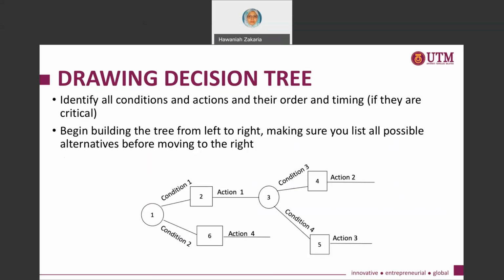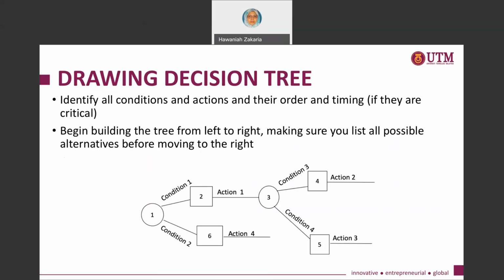You need to determine the order, because by identifying this, you would be able to build the tree. So how do we draw a decision tree? This is a lying decision tree, not a standing decision tree.